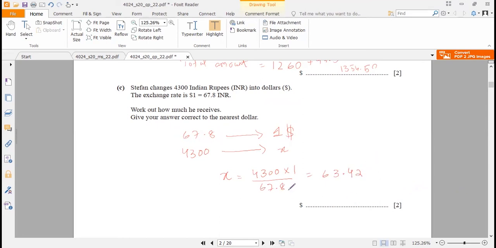But it is asking to give your answer to the nearest dollar. It means that we don't have to answer in a decimal. To convert it into a whole number, it will be 63, as this number is less than 5. Obviously, if it is greater than 5, then we have to answer 64.